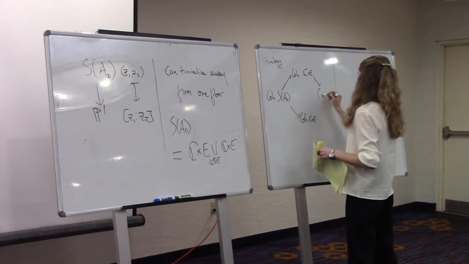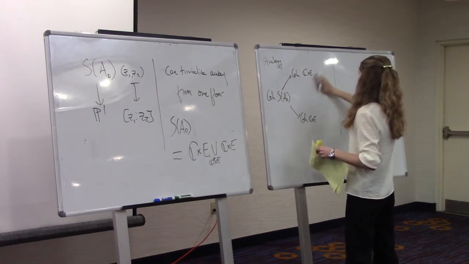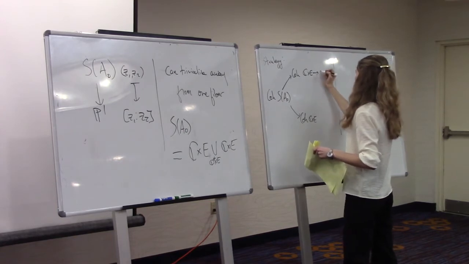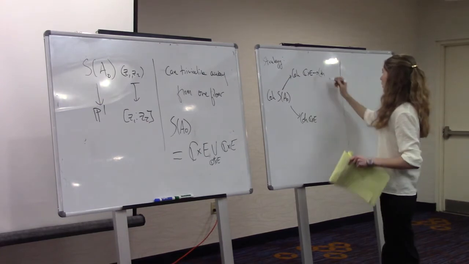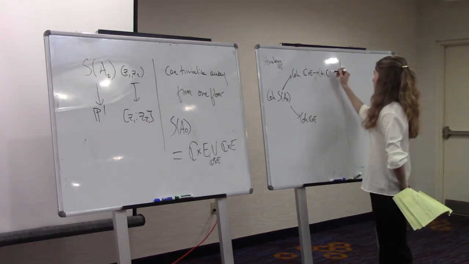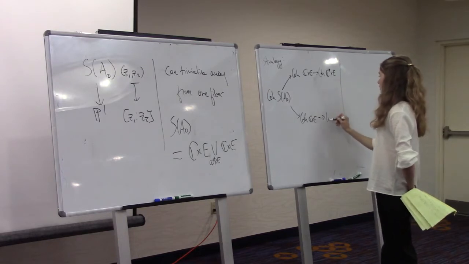And then we further have maps to C star times E, again by restriction.